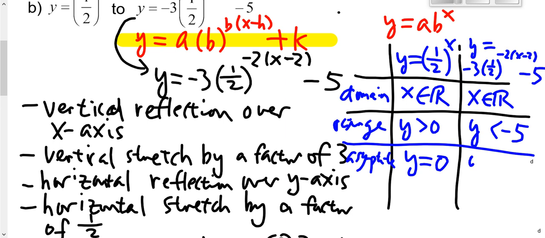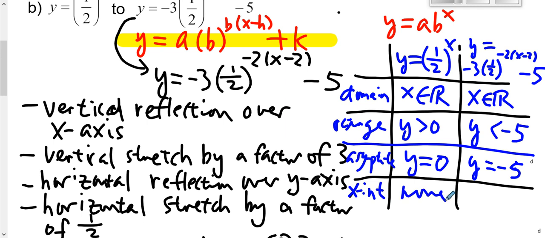So you have an invisible line here at -5. And then for x-intercept, there is none and there is none again.